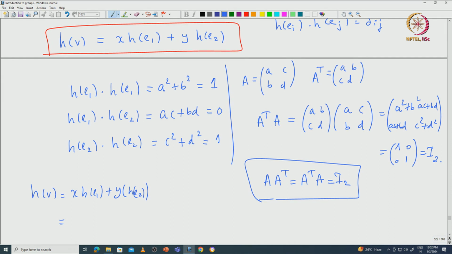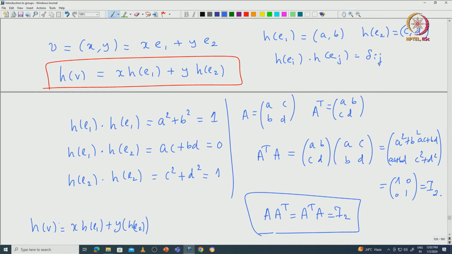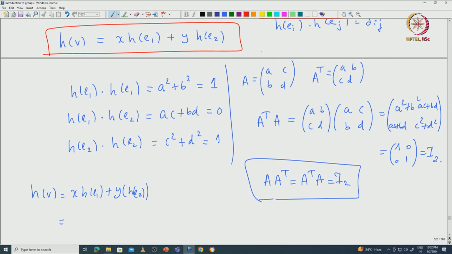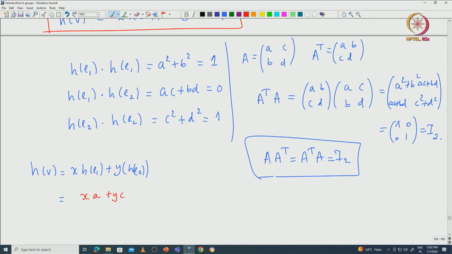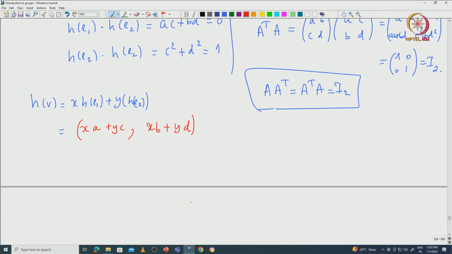Because H of E1 is AB and H of E2 is CD, this is going to be x A plus y C, comma x B plus y D. So, if you use matrix notation, then you can easily see that this is going to be the matrix A C B D times x comma y. This is your H of V.